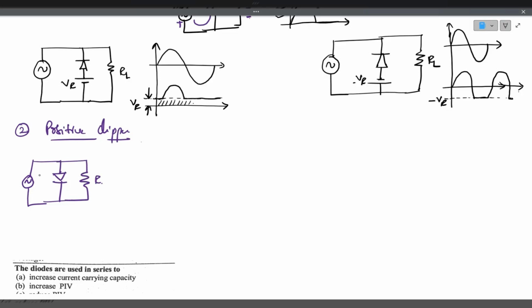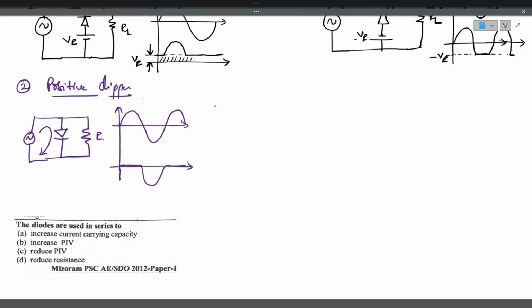During the positive half cycle, the diode conducts, so there will not be any output during the positive half cycle. This is the input voltage and output voltage. During the positive half cycle the output voltage will be 0. So the negative half cycle will remain like that. This is ideally the output voltage of the positive clipper.